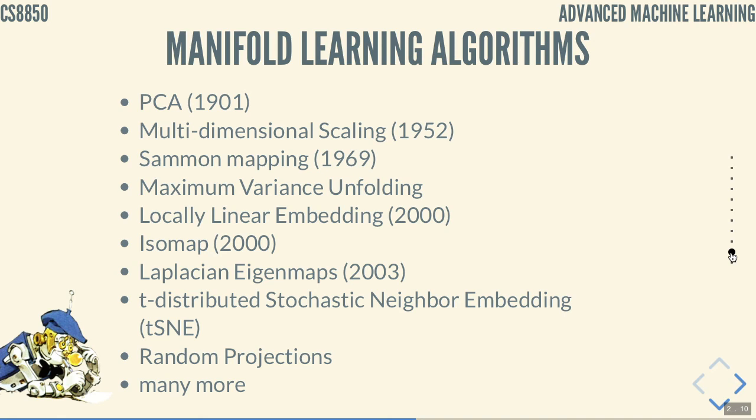Then maximum variance unfolding, locally linear embedding, a fresh wave of these methods that attracted a lot of interest to the problem. And Isomap, Laplacian eigenmaps, from the recent era. And then t-distributed stochastic neighbor embedding that is remarkable in its own right, random projections, and many more.